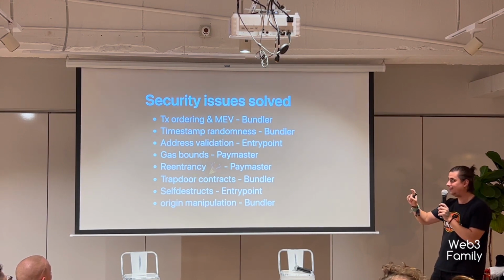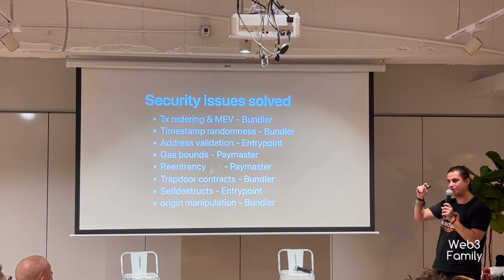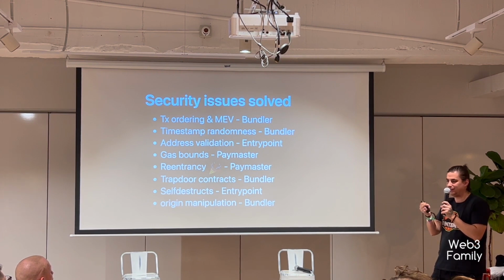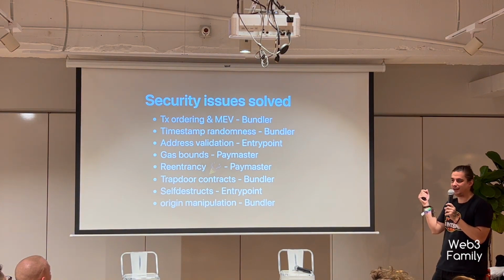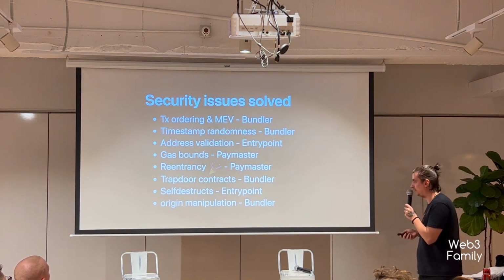Second, the bundler can't control it because the bundle size is much smaller than a block. So you don't really have much playing space with the order of the transactions as in current blocks in Ethereum.